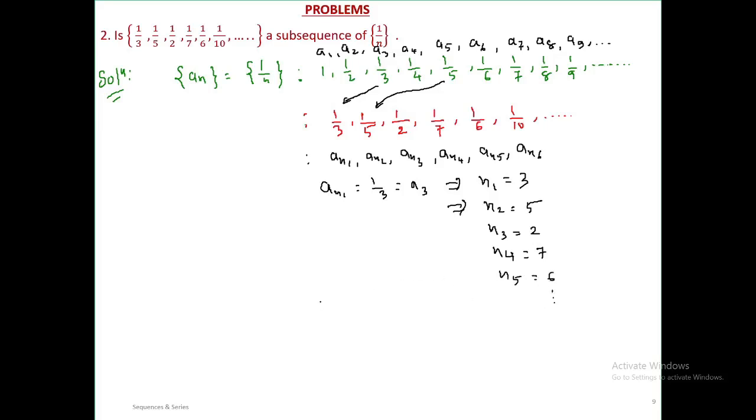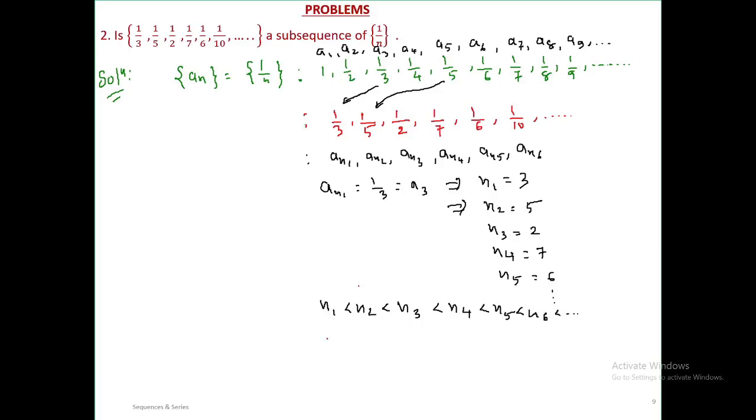But here look at, is it satisfying n1 less than n2 less than n3? This condition, it is not satisfying. Look at n3 less than n4, n4 less than n5, n5 less than n6. Does it satisfy? Check once. Look at here. n2 is not less than n3. n2 is 5.